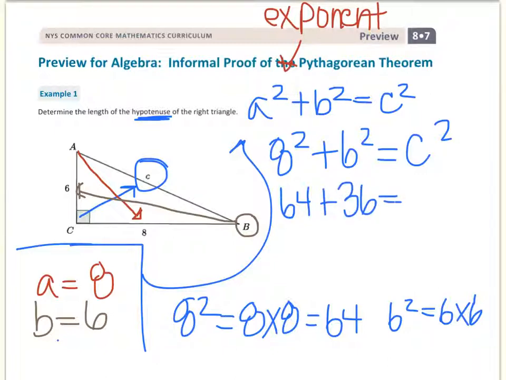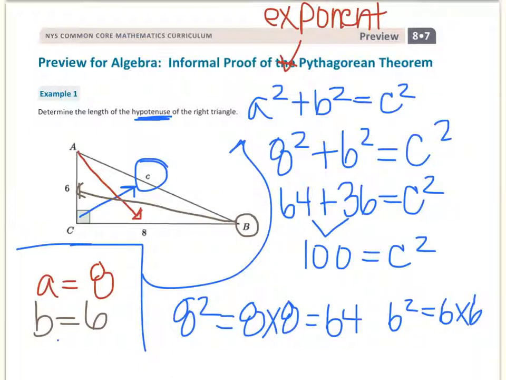And that's still equal to c squared, or some number multiplied by itself 2 times. So now I'm going to go ahead and simplify. 64 plus 36 gives me 100 equals c squared. So now I have to think to myself, what number multiplied by itself 2 times gives me 100?